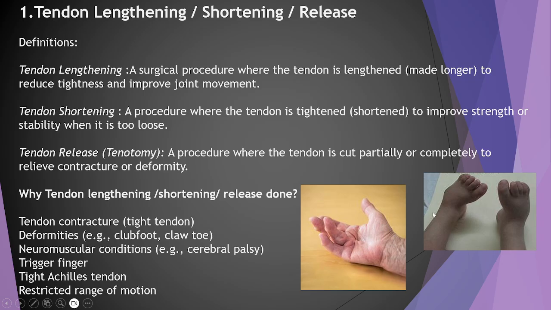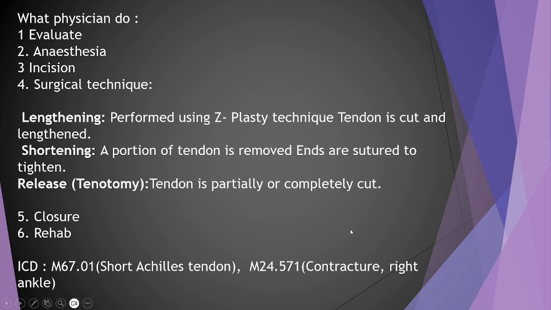So why will tendon lengthening be done? For the tendon contracture, for deformities like the club foot, you can see here, some cerebral palsy, trigger finger, tight Achilles tendon, and restricted range of motion. So that is the reason for the tendon lengthening, shortening, and release.